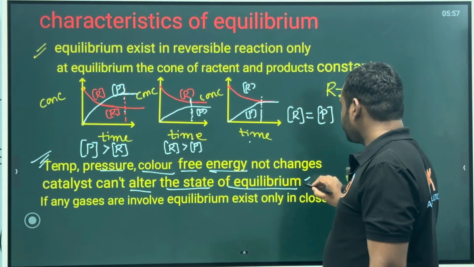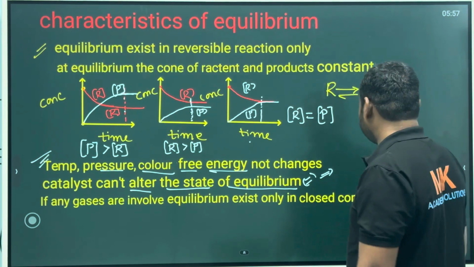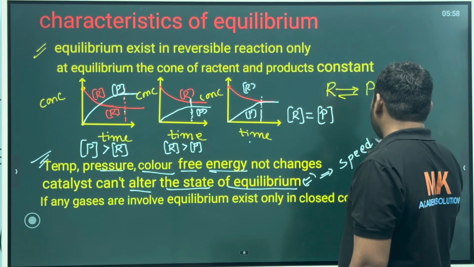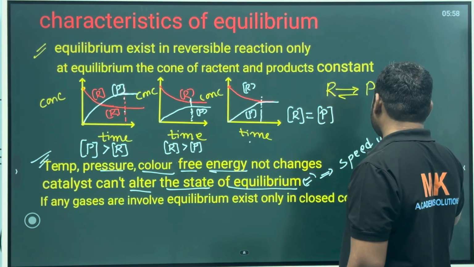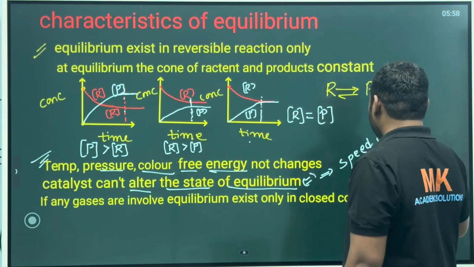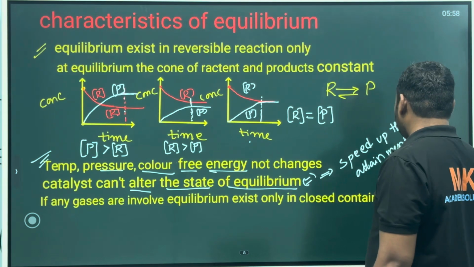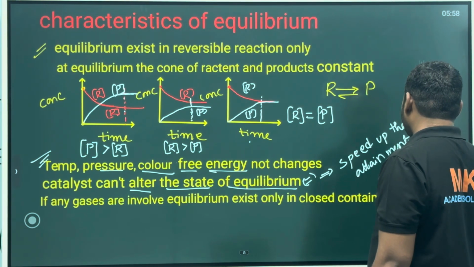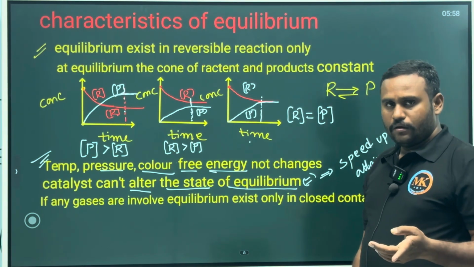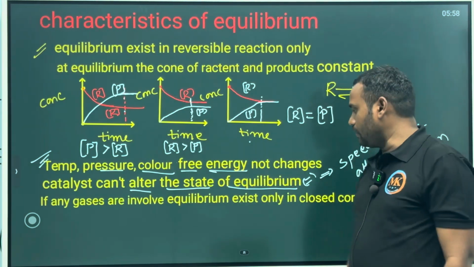So the catalyst speeds up the attainment of equilibrium by increasing the rate of forward reaction and rate of backward reaction at an equal rate.